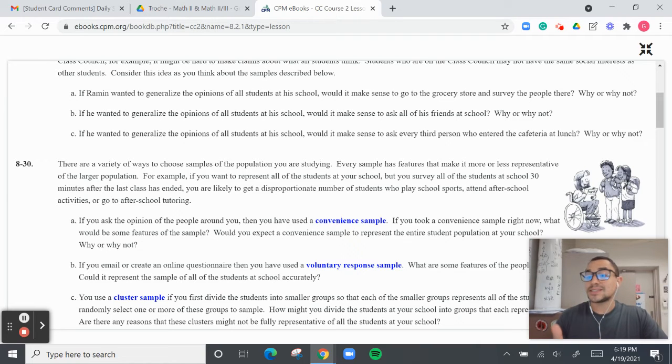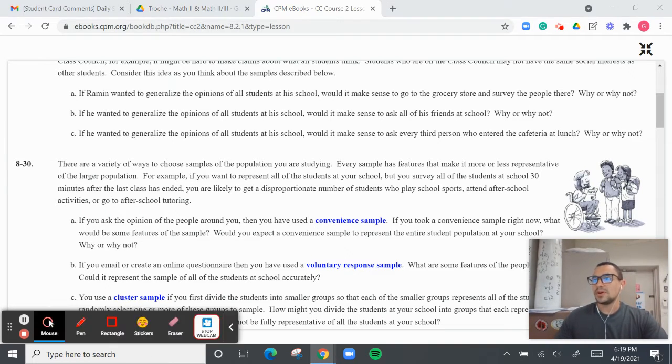Maybe they might say something that you like to hear and not what is the actual opinion, because they just want to help and say things that might benefit you, because that's what friends do. It makes some sense, and yes, the location is right, at the school, but having your own friends is not the best way to go about it.